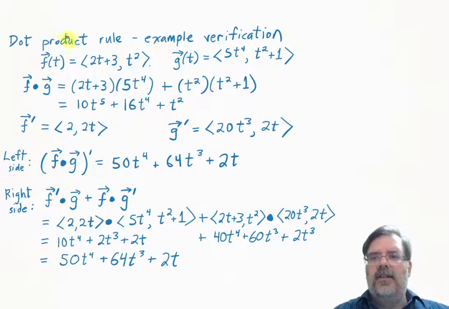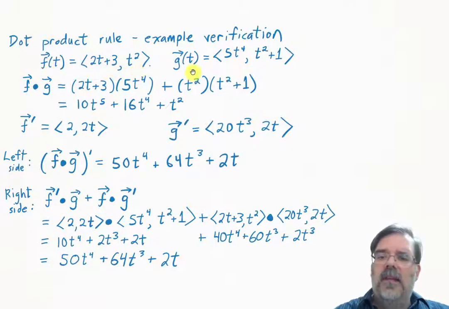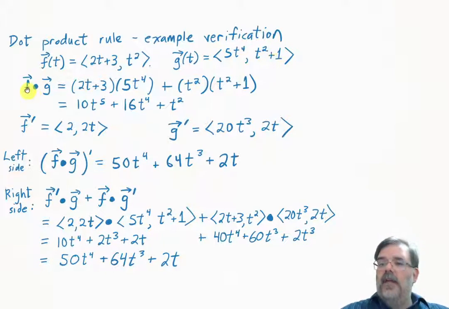So here, let's let the function f be 2t plus 3, comma, t squared. Let's let the function g of t be 5t to the fourth, comma, t squared plus 1. We calculate f dot g. We've got the first function times the first function plus the second function times the second function.